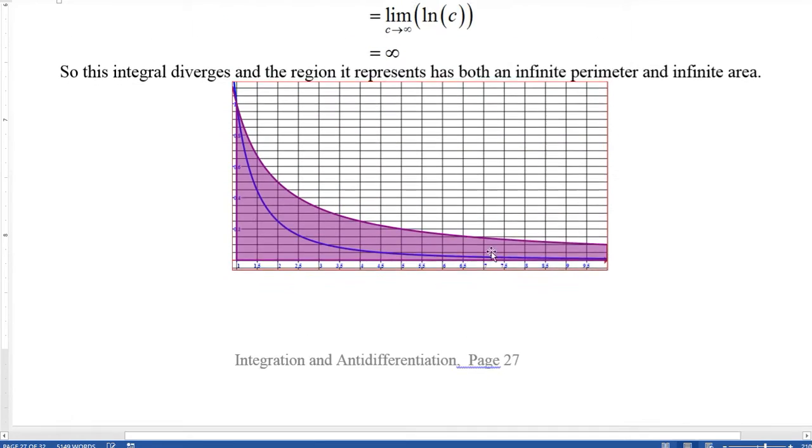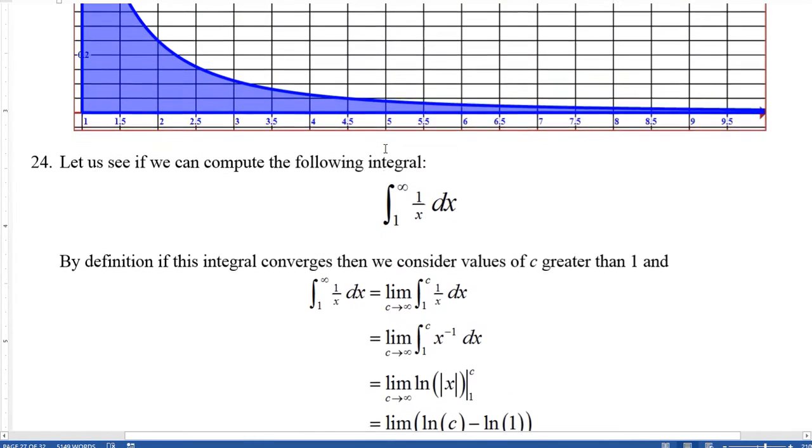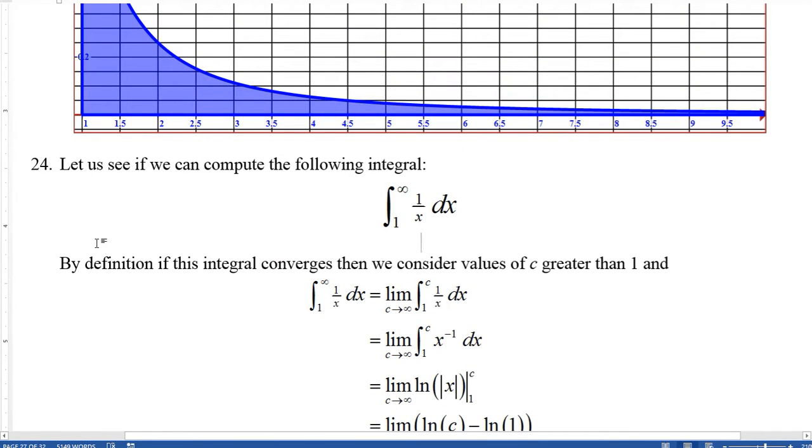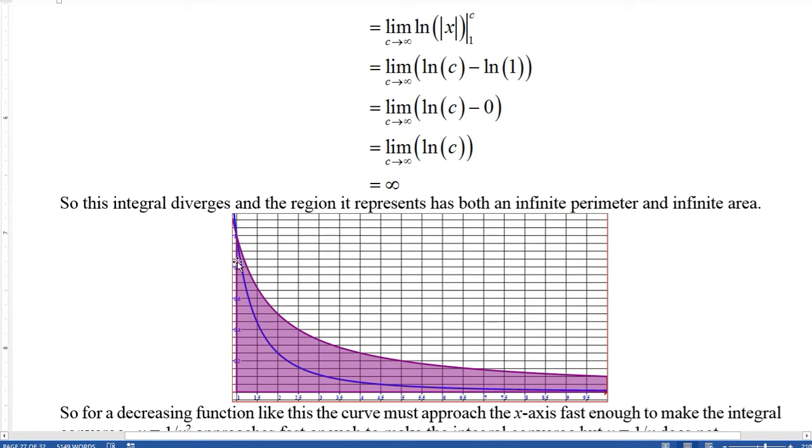So the only way you're going to get a function that has a finite area, if we're going out to infinity, is that the function is going to have to approach the x-axis.